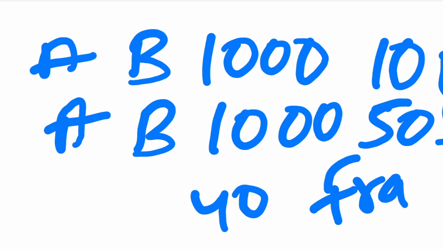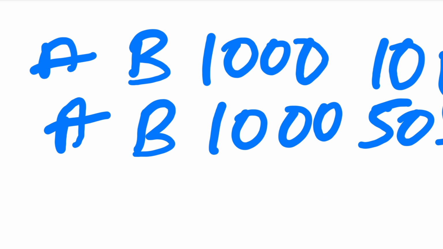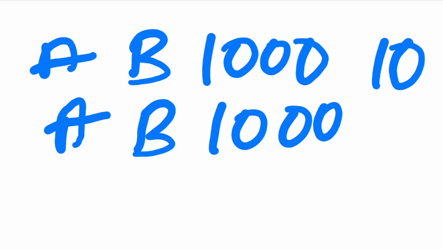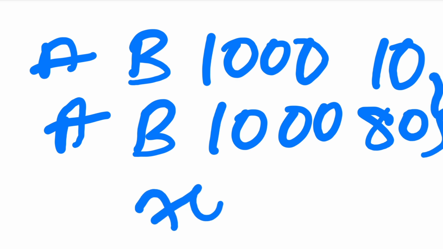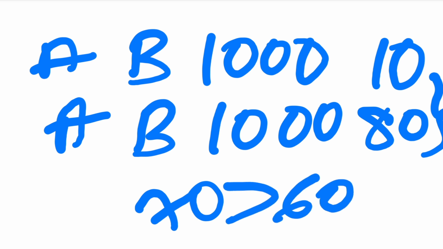Okay, let's take another example. If it is 80 instead of 50, then the difference of the timestamps is 80 minus 10, 70, which is greater than 60, right? So fraud is not detected.